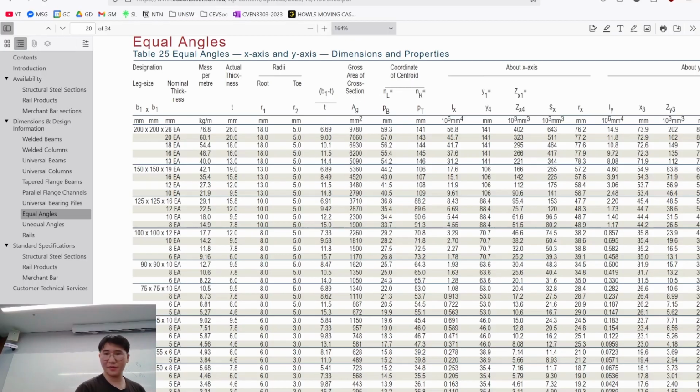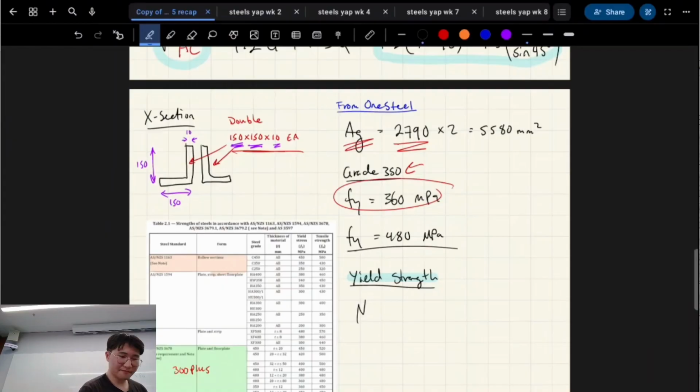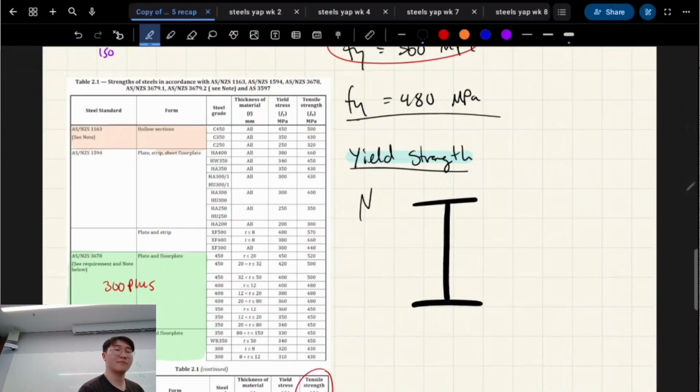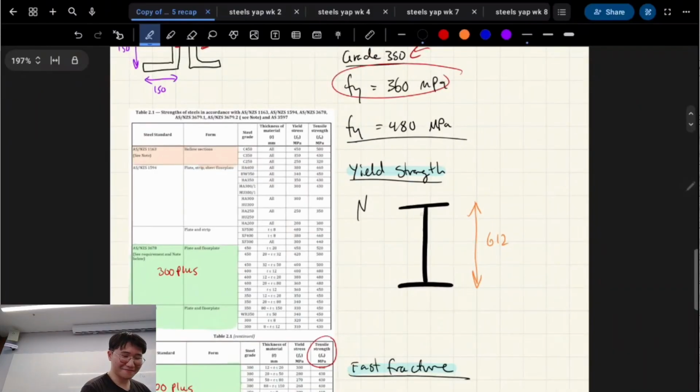If we just took it from the name and didn't bother looking at the table, does that affect our results too much? No, that's the main thing. But a 610 UB is not exactly 610. It's like 612 or something like that. It depends on the exact product you're looking for. But it'll give you the correct ballpark, so it doesn't matter, basically.